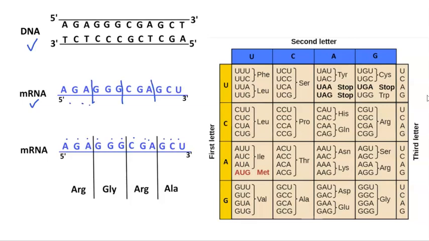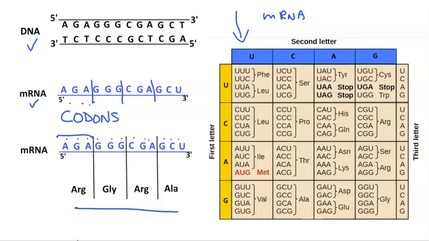And these sets of 3 bases in messenger RNA are called codons. Now, using this table here, which is a table of messenger RNA codons, we can predict what the amino acid will be for a particular sequence. And you can see that I've done that already here. So let me demonstrate how to read these tables.